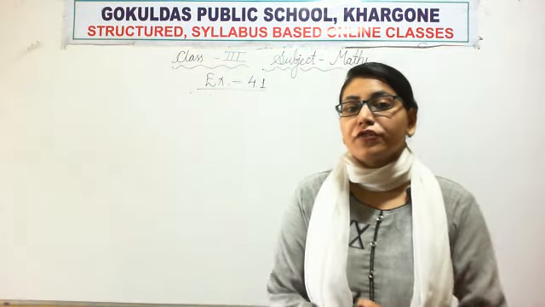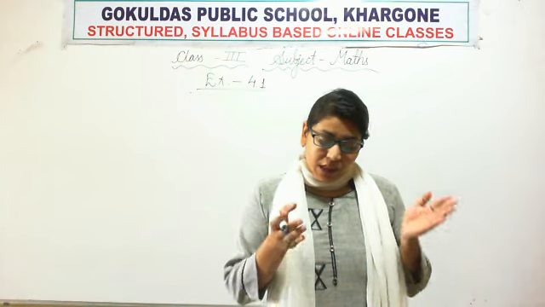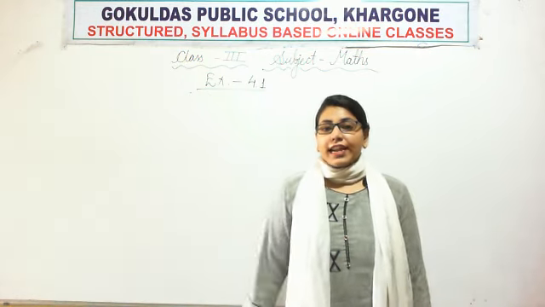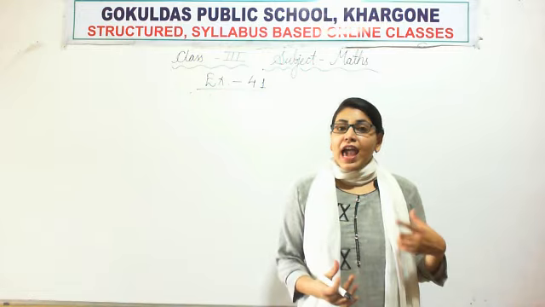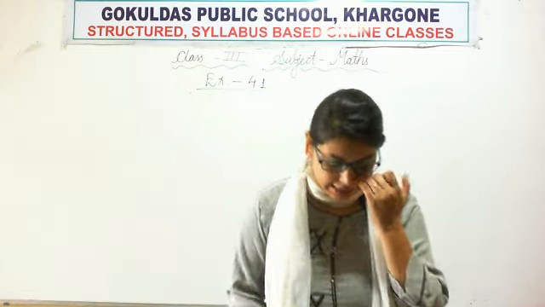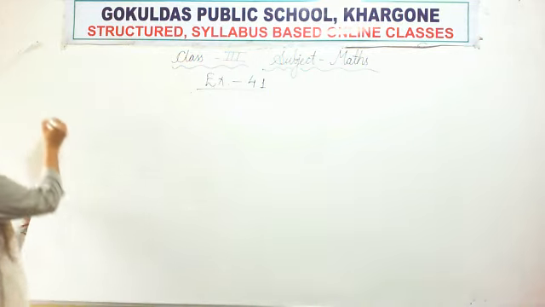See, in the last question what had we done? In the last question we had written in the form of repeated addition. Now the question is in the form of repeated addition and we have to write a multiplication sentence. So let's write the question first. Question number 2.